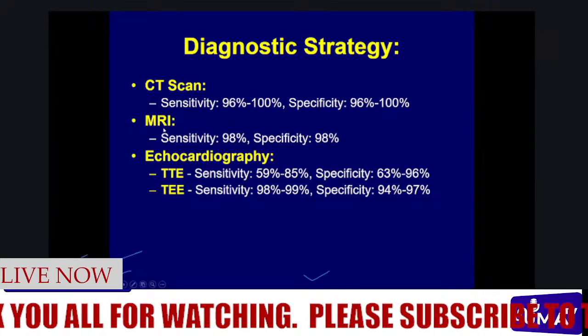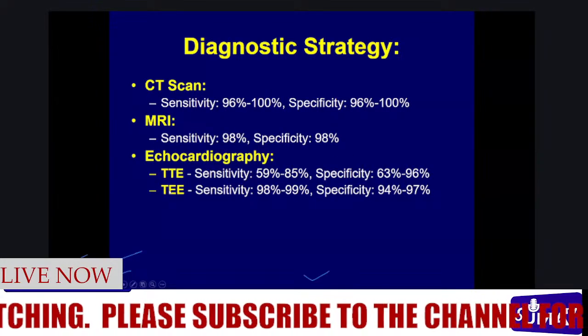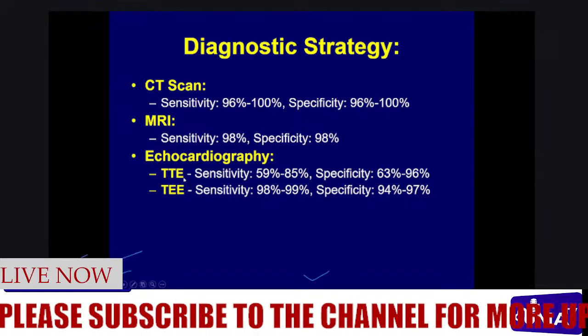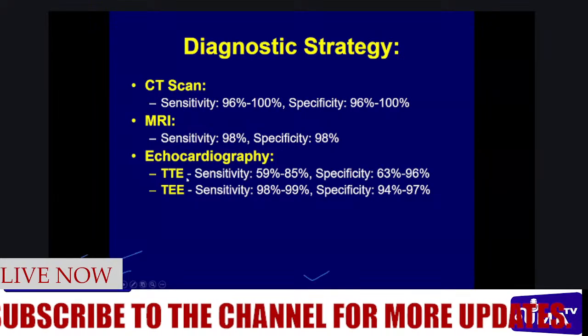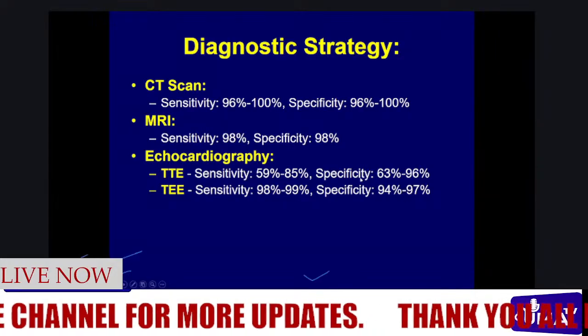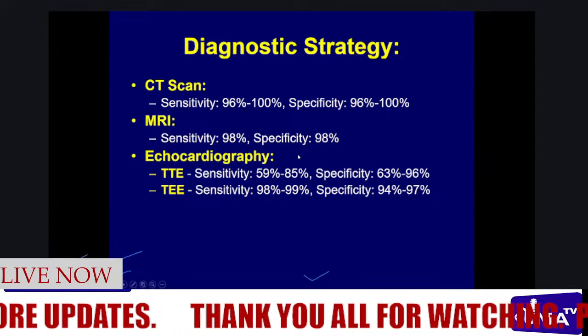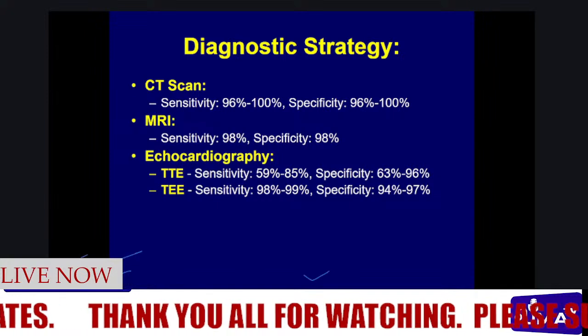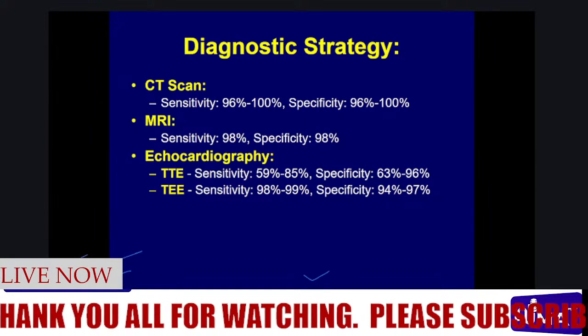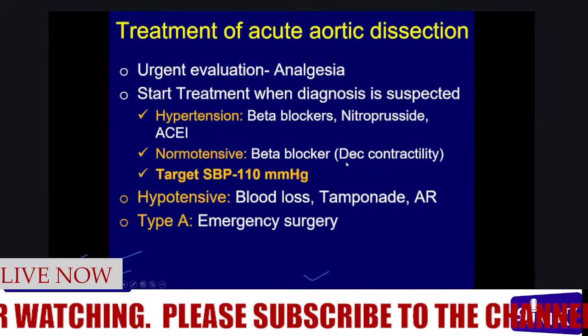We know that CT and MRI sensitivity almost reaches 100%, and so does the TEE. But you see that TTE, or transthoracic echo, is only around 80% sensitive and only around 60% specific. So your normal echo is going to miss 40% of your patients when you order it for a diagnosis of dissection.